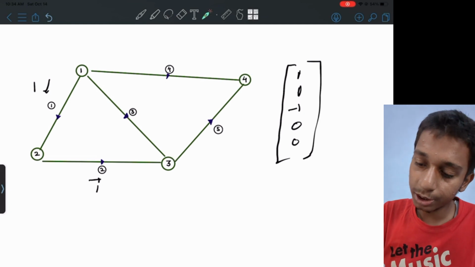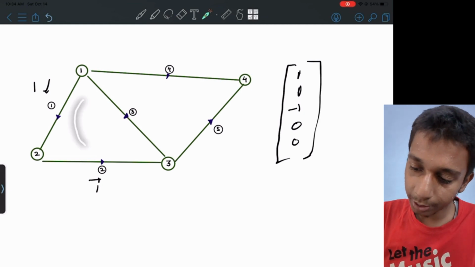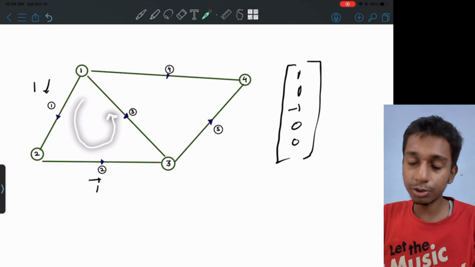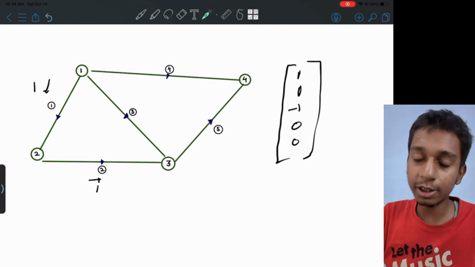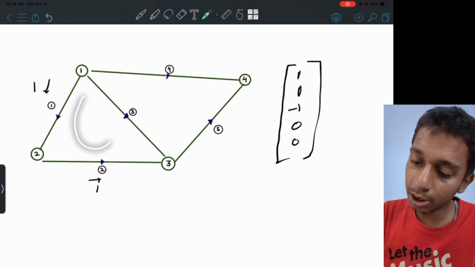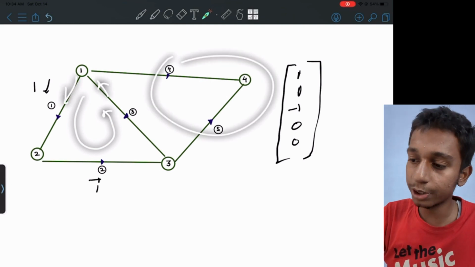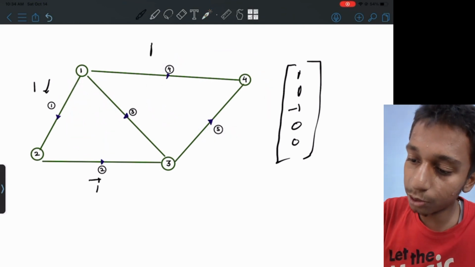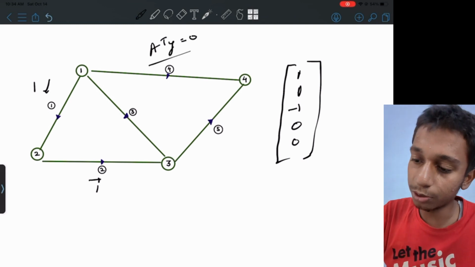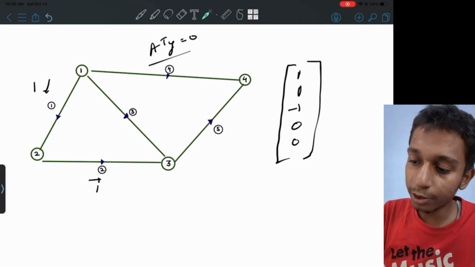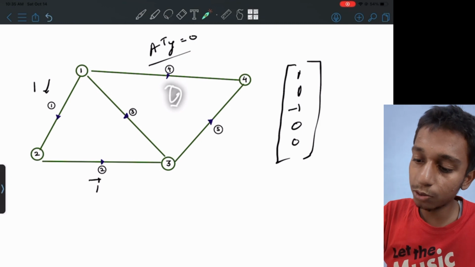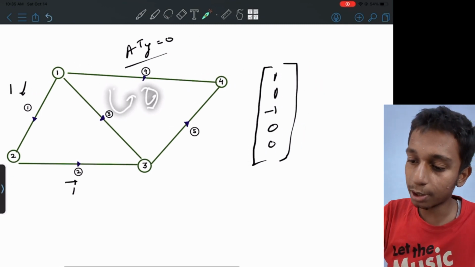So what does this represent? This represents that all the current is only flowing through this loop, and this is definitely a solution because all the charge that was coming out is going inside it and no charges is flowing in, and so this is definitely a solution for A transpose Y is equals to 0. Similarly, we notice another loop, so let's loop around this loop and applying the same law.